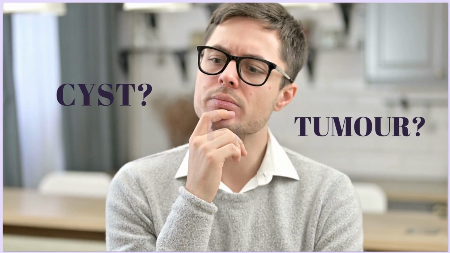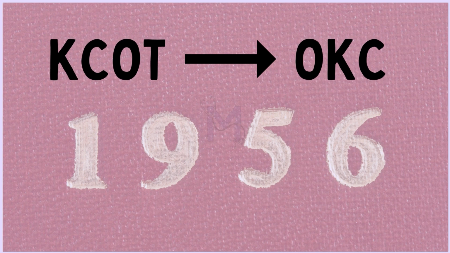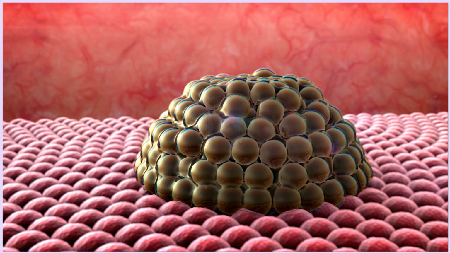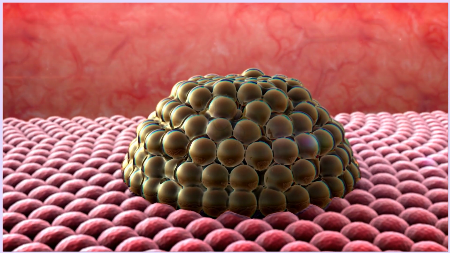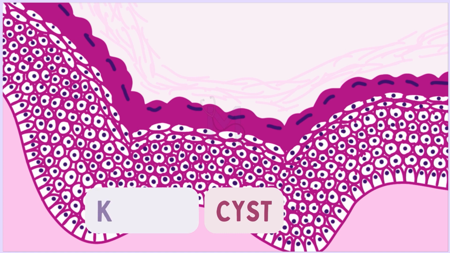So, is it a cyst or a tumor? KCOT has been renamed as OKC in the year 1956. However, the neoplastic behavior in the cyst persists. The lesion is named keratocyst because the lining epithelium produces so much keratin that it almost fills the cyst lumen.